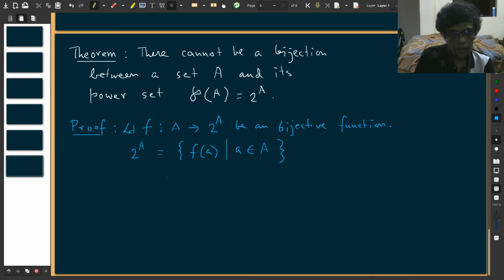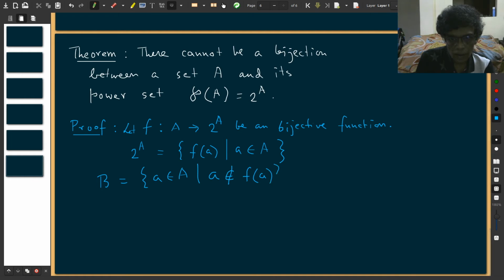Right. So now I construct a subset B of A by collecting those elements a of A such that a does not belong to f of a. Okay. f is a function from A to the power set.